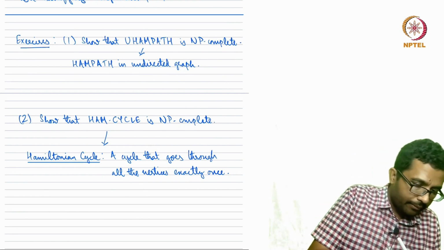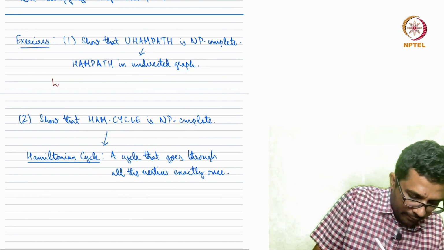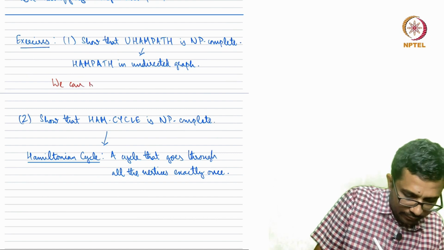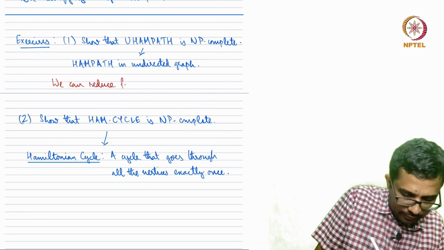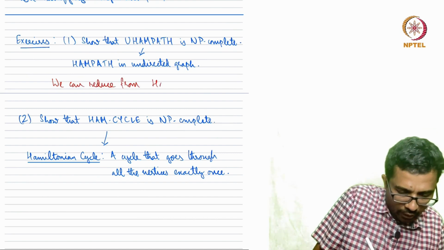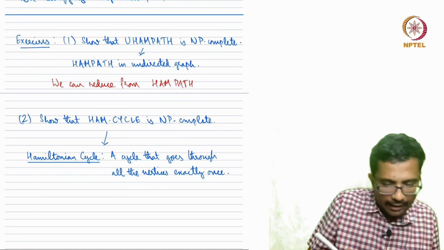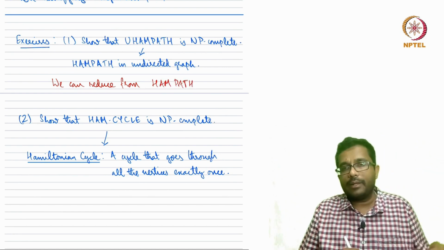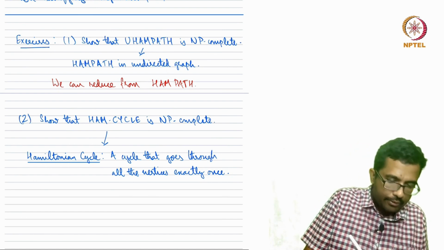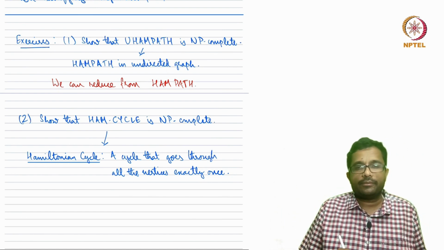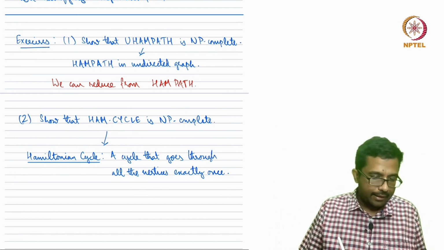But we can reduce from, right? We can reduce from, so in all these cases, showing that it is in NP is easy. Now we need to reduce from some NP complete problem. Here we can reduce from the directed version of the problem, right? So this is there in the book.